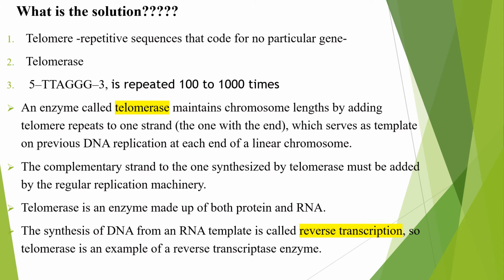This problem is solved by two elements. First element is our enzyme telomerase, right? And the second element is the telomere ends. Telomeres, which are the ends of the DNA, have repetitive sequences, right, which do not code for any gene, and these repetitive sequences are conserved in all organisms from E. coli till the human beings.